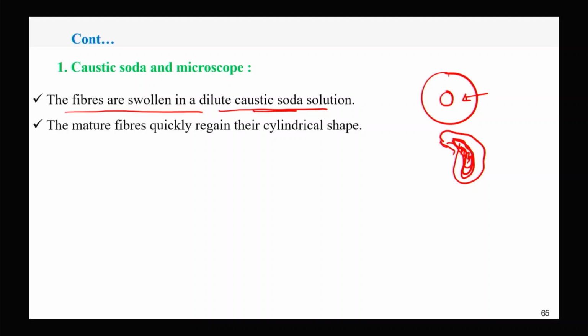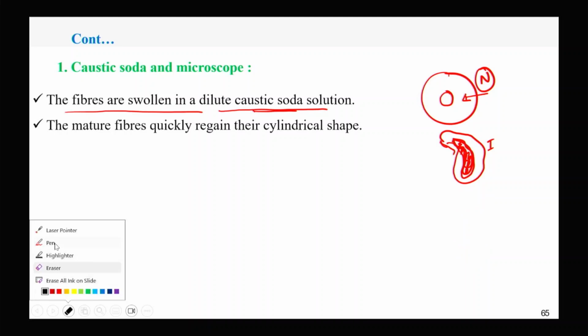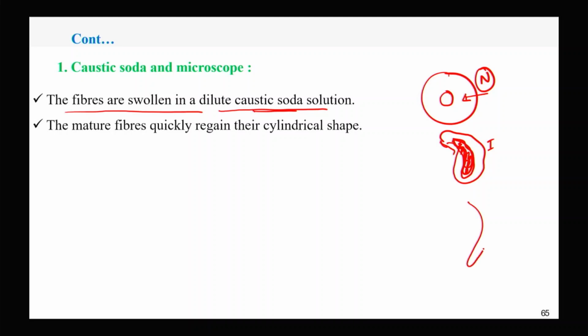Inside is the lumen. From there we can classify the number of normal or mature fibers, immature fibers, and also the dead fibers, which are not at all absorbing and getting swelled.